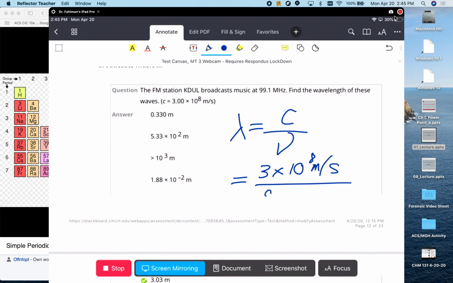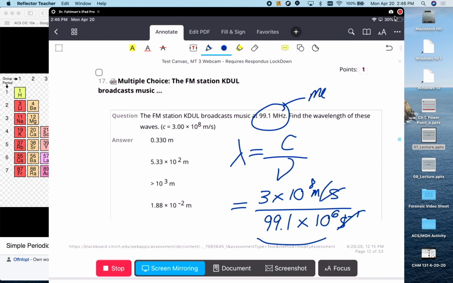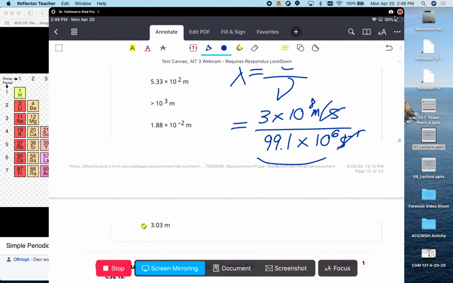That is 99.1 times 10 to the 6th hertz, or seconds to the -1, so these units cancel. I know that's not proper scientific notation, but it helps knowing that a mega is 10 to the 6th of the base unit. You've got kilo and then mega, so it's just a factor of 10 to the 6th.